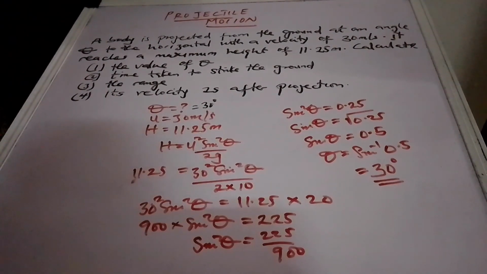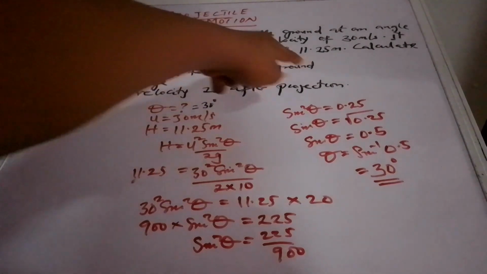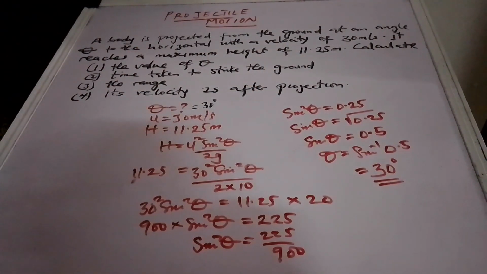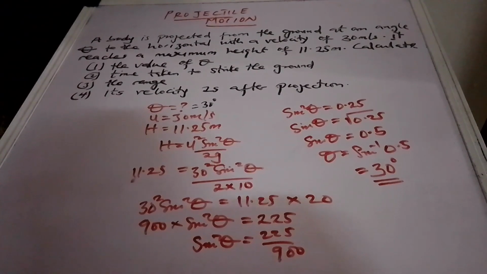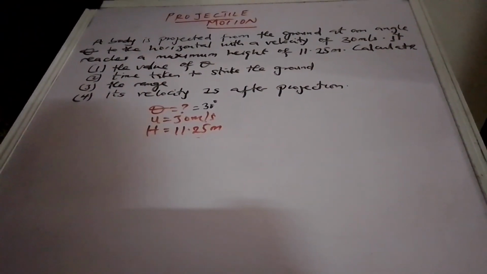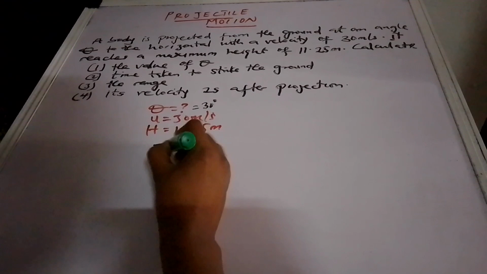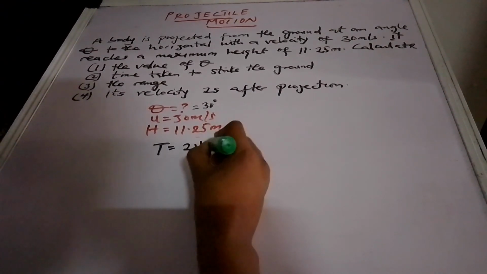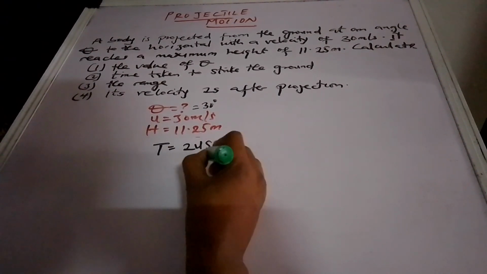Now let's look at the next question. The time taken to strike the ground. Since the body strikes the ground, the time that we are talking about is the total time of flight. So let's clean this board and solve that. The total time of flight is given as t equals 2u sine theta over g.